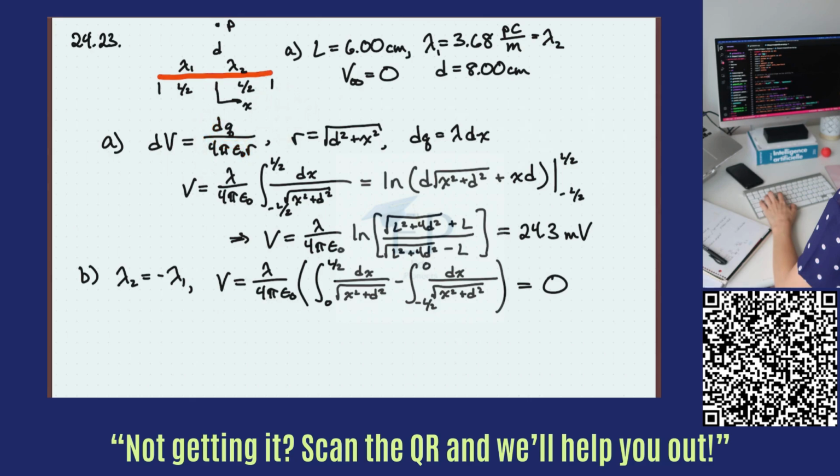Now, what is r? Well, r is the distance from that little segment of charge to point P. So wherever we are here, we're at some distance x along the x direction, and we're always at a constant distance d in the y direction. So the distance here, r, is the square root of d squared plus x squared.